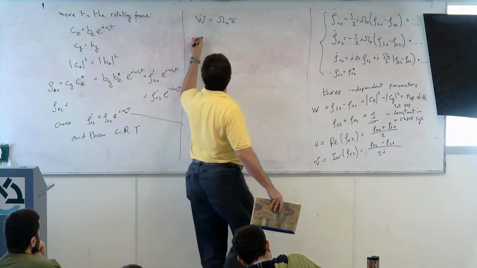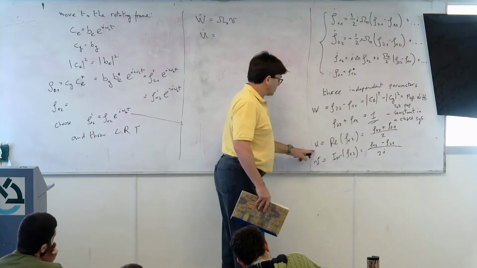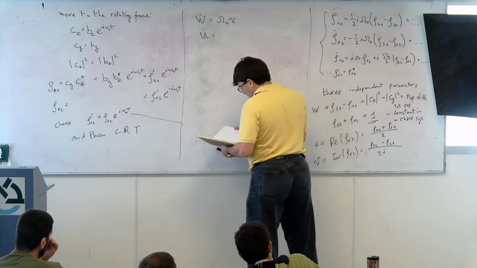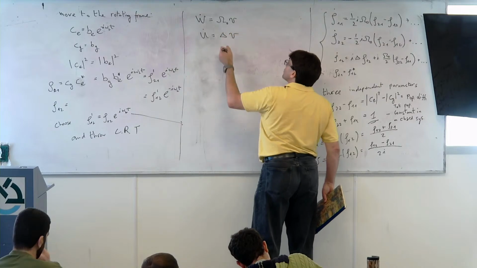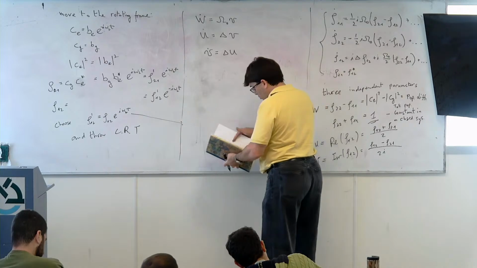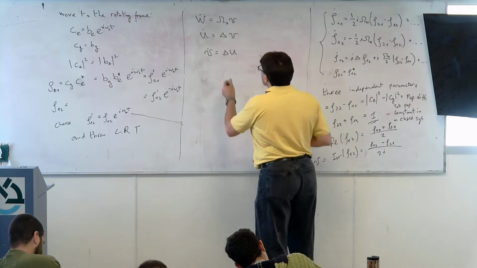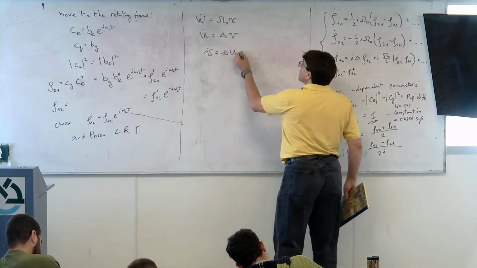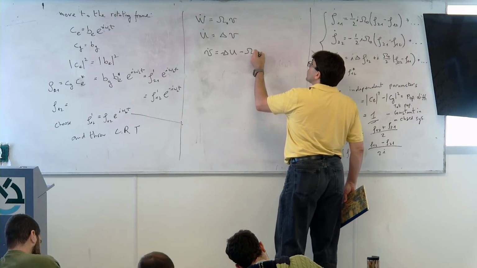Then I can write what is U dot. That's also easy, because you can see it from here and you will identify that it is simply delta V, and V dot is delta U, just to make sure, minus delta U minus omega 0 W.